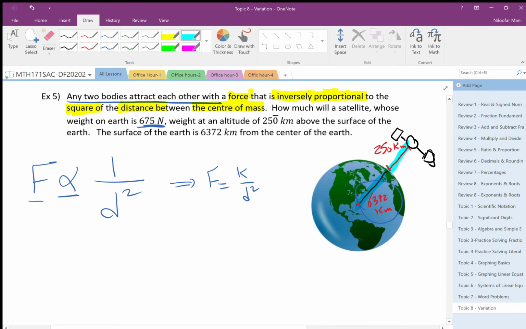So what is K? K is F d squared. Remember, when you find K, you can find the two situation formula. So F1 d1 squared is F2 d2 squared.